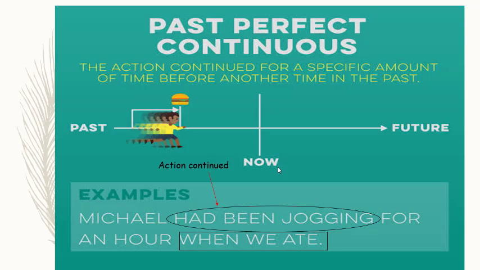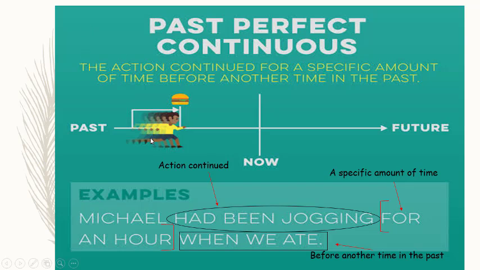For an hour is a specific amount of time. And when we ate is before another time in the past.